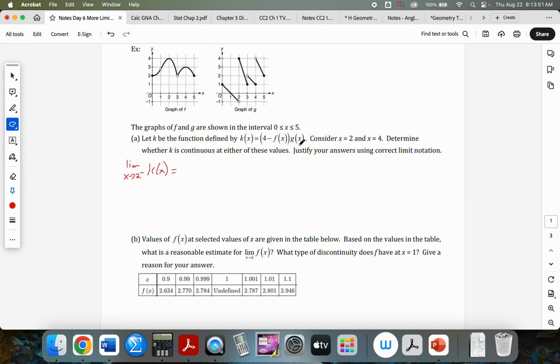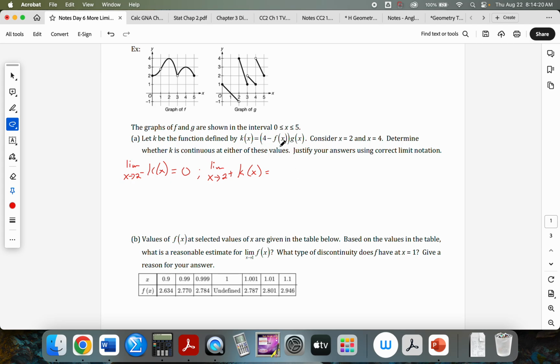It doesn't look like it's going to infinity. As x goes to 2 from the left, that goes to -1. So that's pretty clearly 0. The limit as x goes to 2 from the right of k of x, well, the same thing happens on the first part.